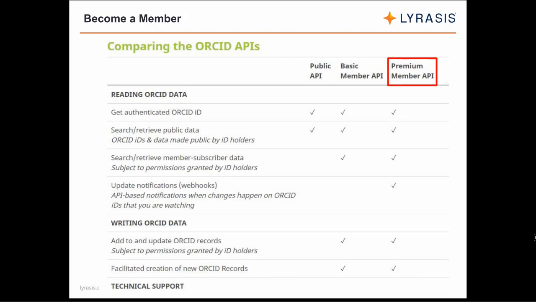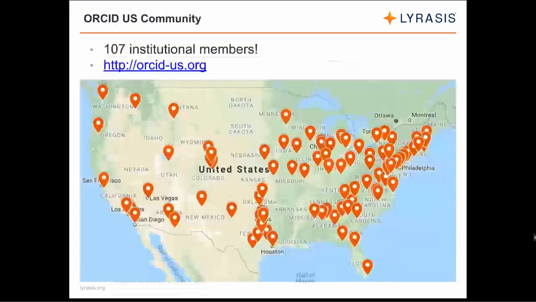And you can find this information on the ORCID website. But the premium ORCID API is what really allows for all of the benefits that we covered today. So connecting with authenticated ORCID IDs, reading limited access data, writing to ORCID, and using that data to pre-populate forms and that kind of thing.